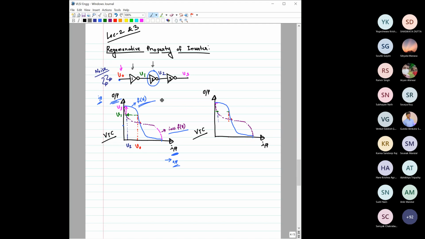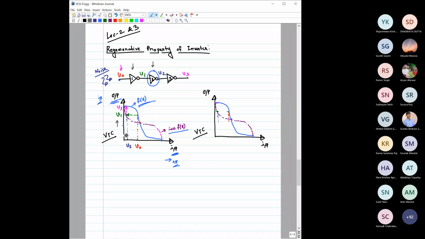So if we want to plot the VTC on the same axis, along with the VTC of this one, then how does that VTC of inverter 2 look in the same diagram? It would look probably something like this, right? Because now for this inverter 2, this is the input, and this is the output.